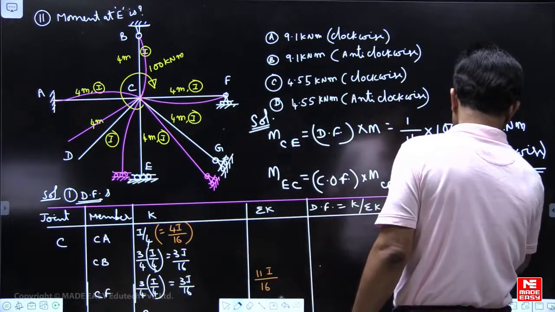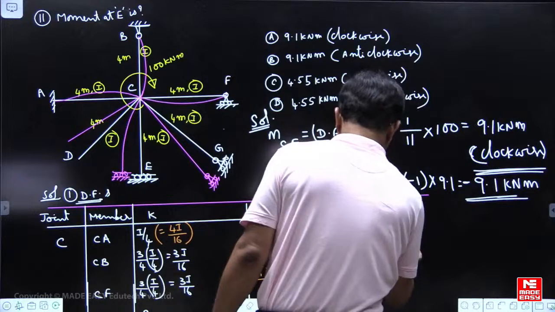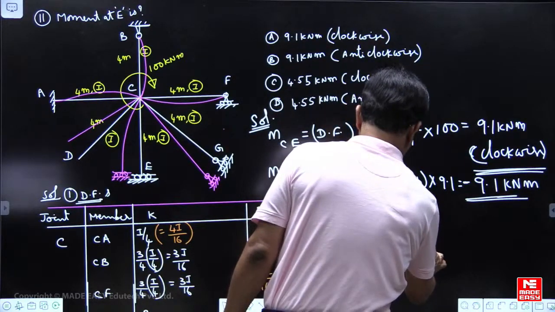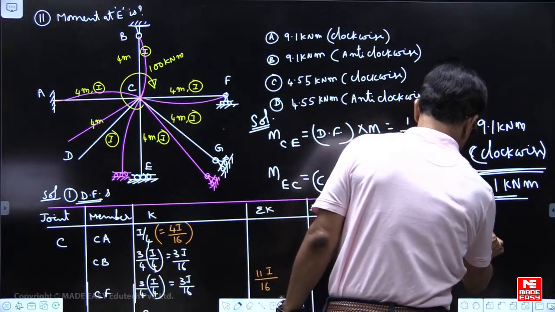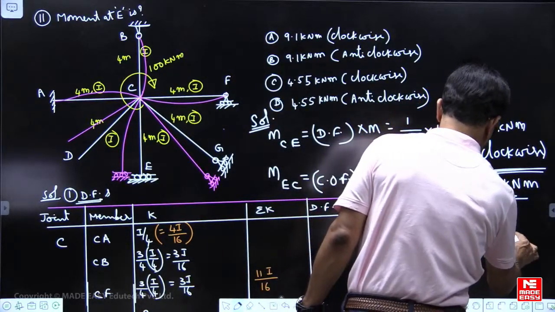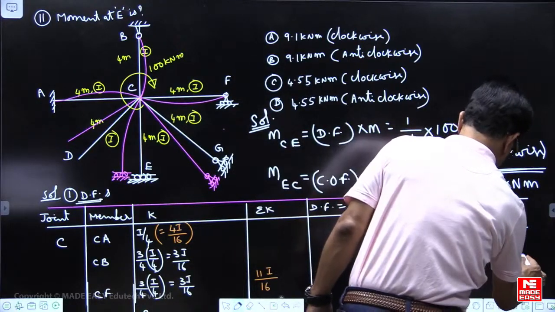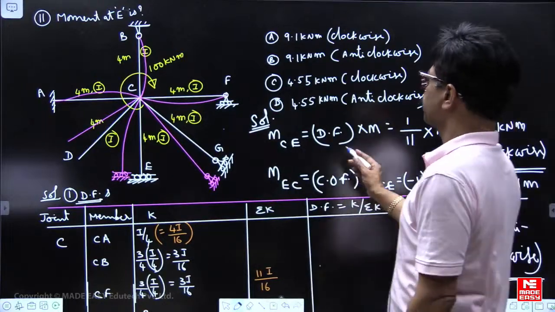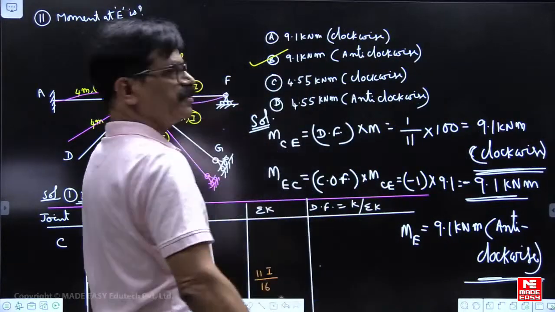You will get minus 9.1 kilonewton meter. So moment at E is equal to 9.1 kilonewton meter anti-clockwise. B is the answer.